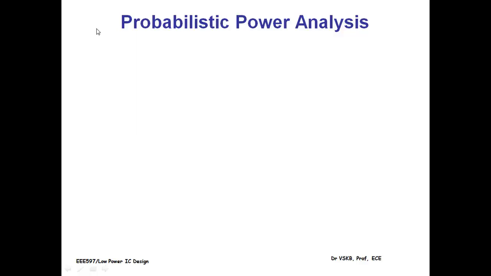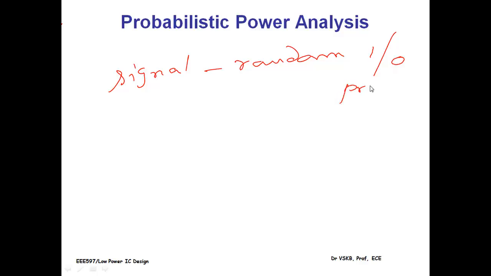When I talk of statistical theory, when I have a signal with me, I am going to call it random because I won't know. I have millions of nodes in my circuit, and each of the nodes has either a logic 1 or a logic 0. So all these processes are random 1-0 processes.